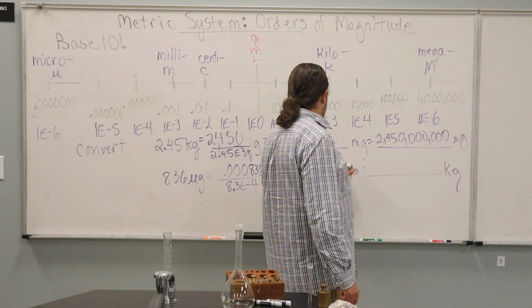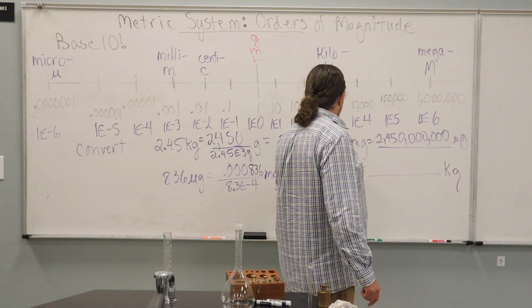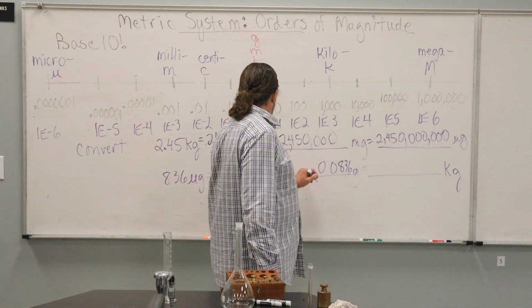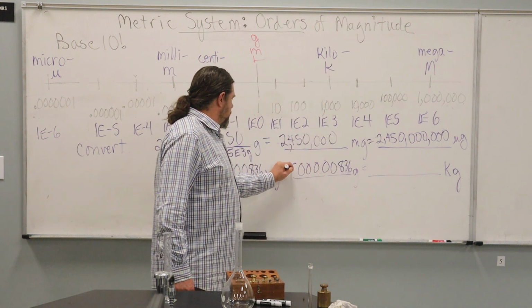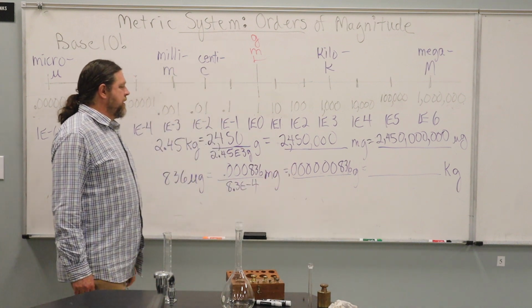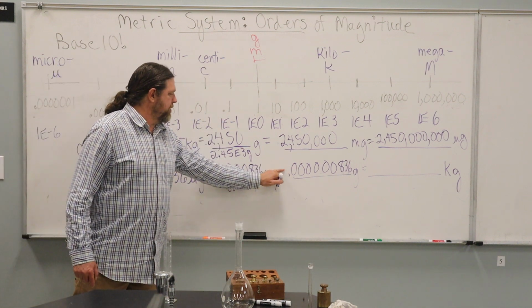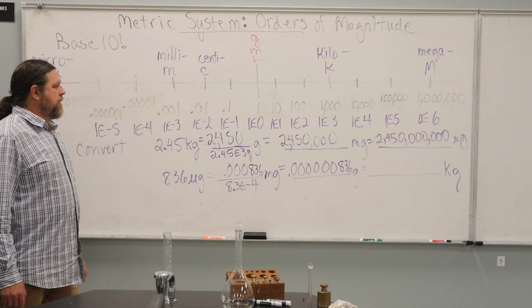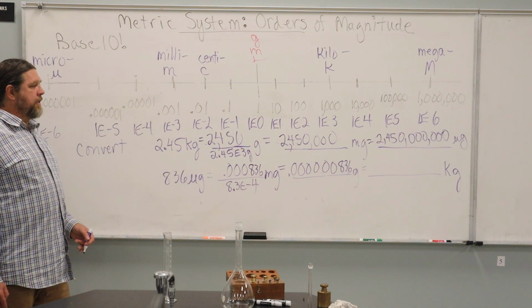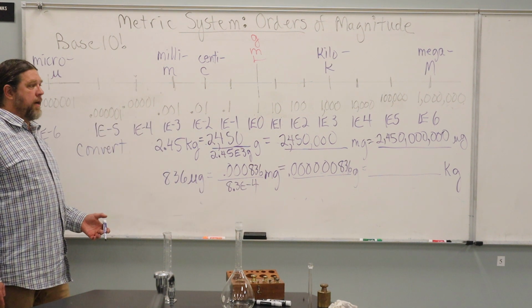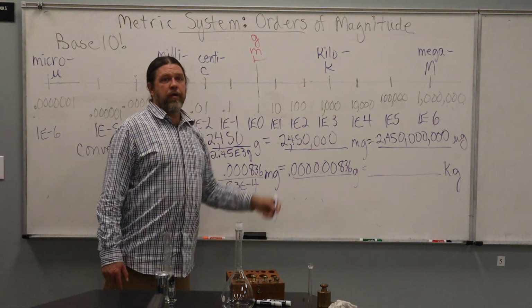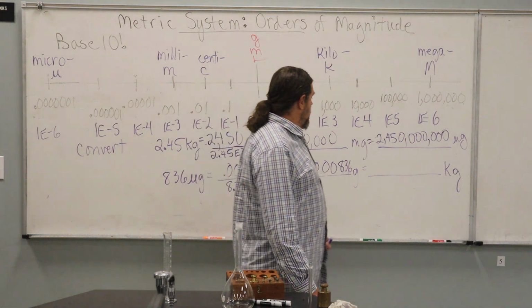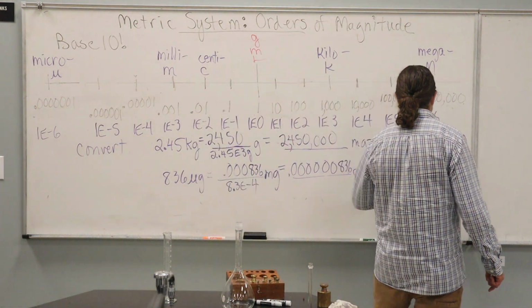Well, that means we have to go 3 more placeholders. 1, 2, 3. And so, of course, it's a very, very tiny value we're getting to at this point. So, as you can guess, to go to kilograms, we have, once again, 1, 2, 3 more places to go towards the left.